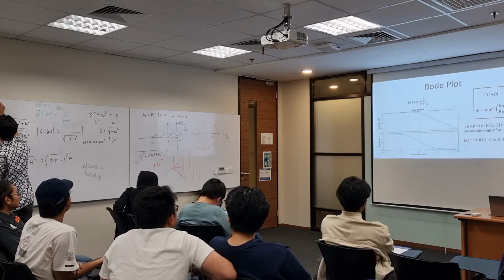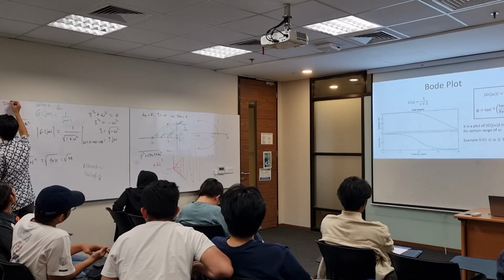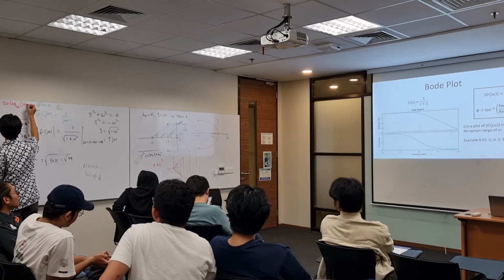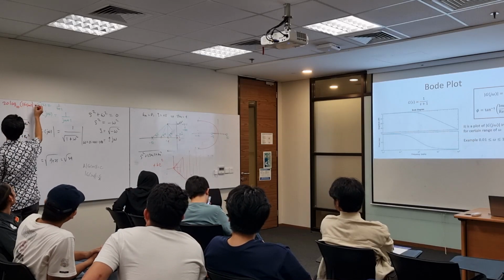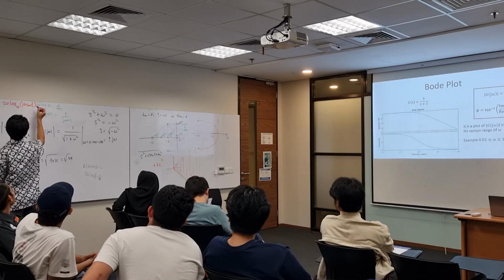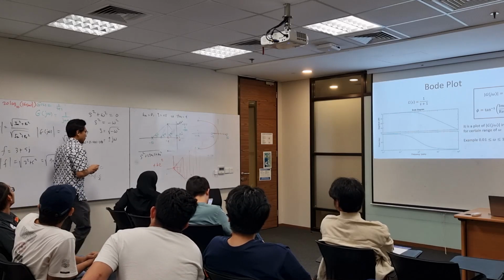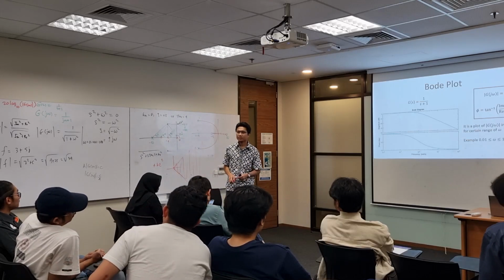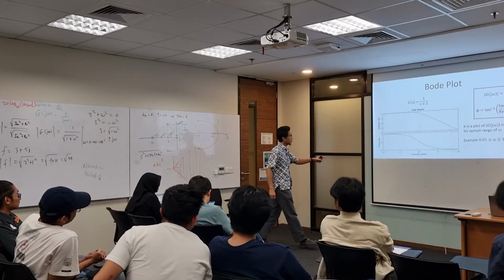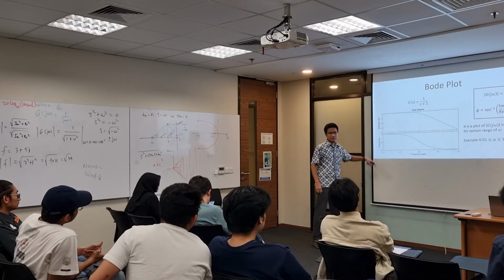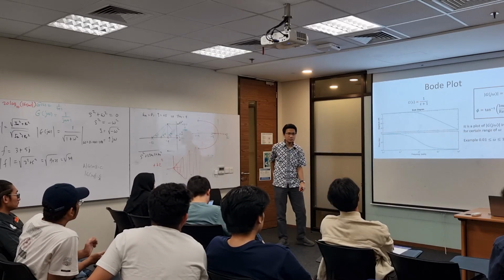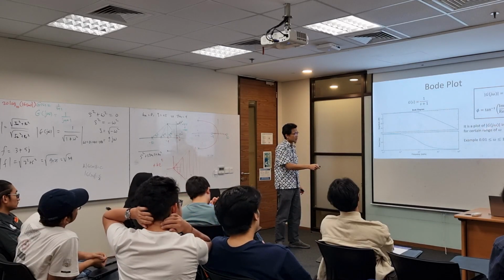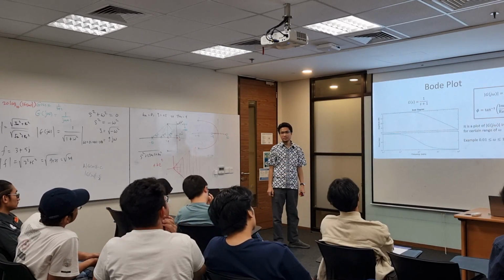So in dB, it will be 20 log 10 of G of j omega. Then you will get the magnitude here in decibels. Yes, the magnitude of the transfer function.